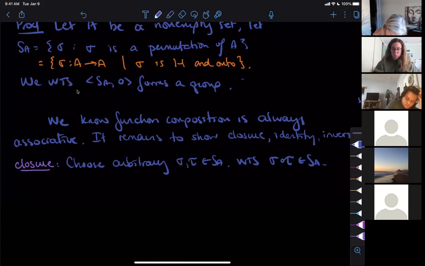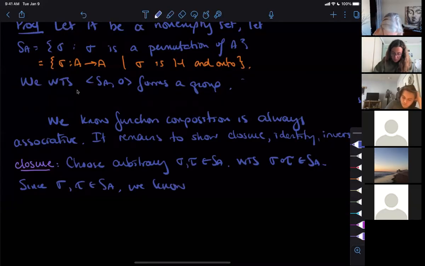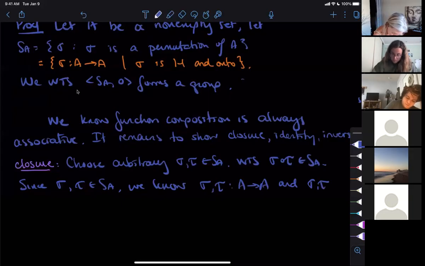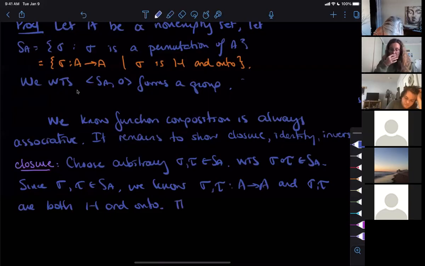Since sigma and tau are in S_A, we know that they both map from A to A, and sigma and tau are both one-to-one and onto. So let's see, what does sigma tau do?